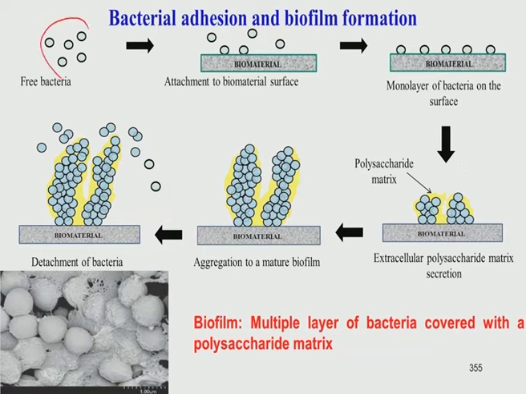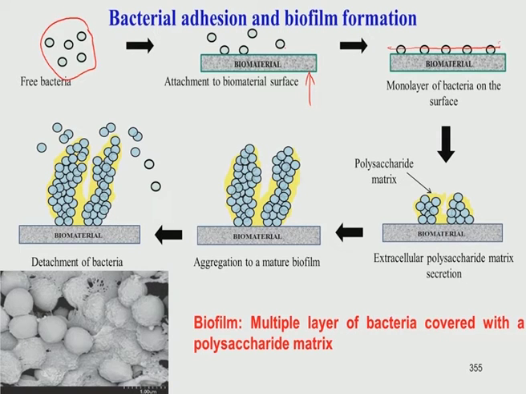You have freely suspended bacteria in the growth medium, and in the same growth medium you place your biomaterial substrate. Individual bacteria will come and attach to the substrate, then form a monolayer concentration.